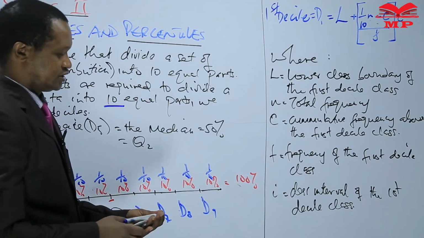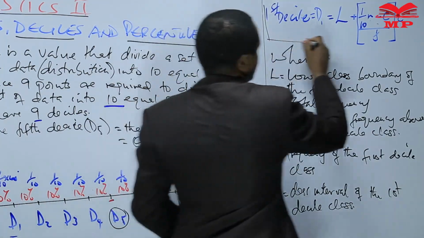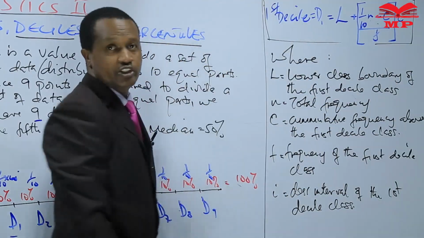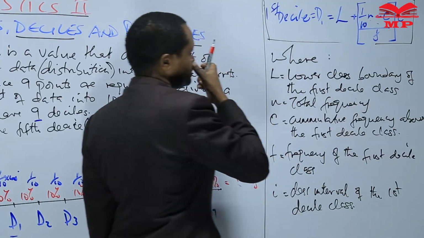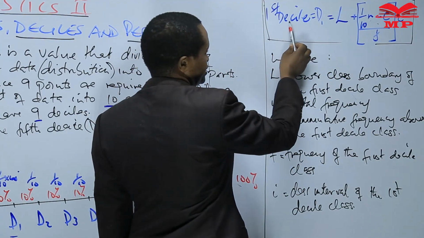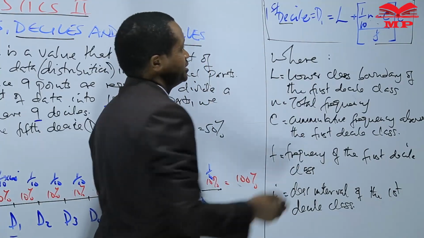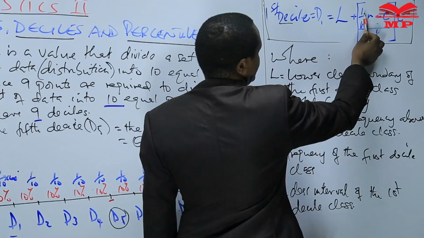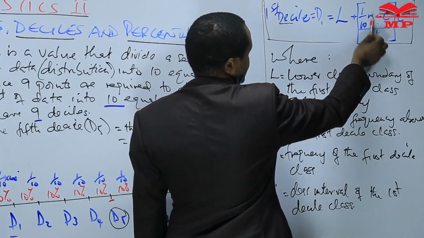Learners, this formula is not different from the one for quartiles or the median. What is changing here is this value. Since we are calculating the decile, and by the way, deci means 10, if you are calculating the first decile, you put 1 over 10 times n.